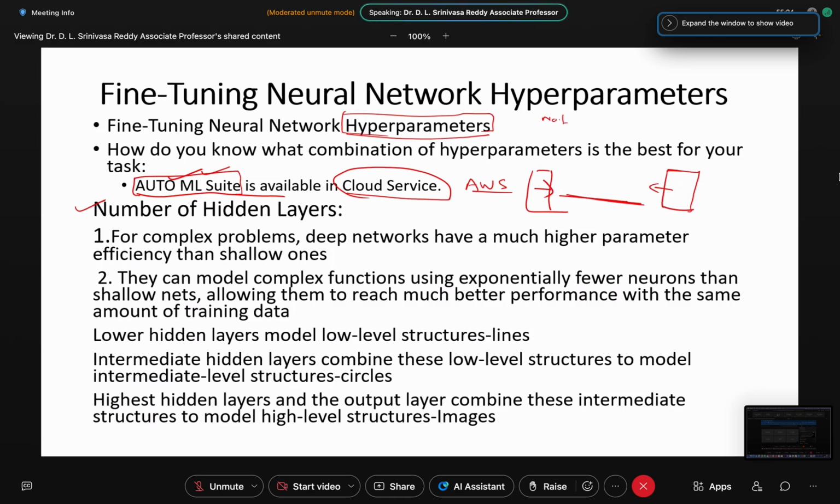Low hidden layer models are generally useful for small data, data sets with less complexity. So based on the complexity of the data set, you have to use your mind in selecting the number of hidden layers.